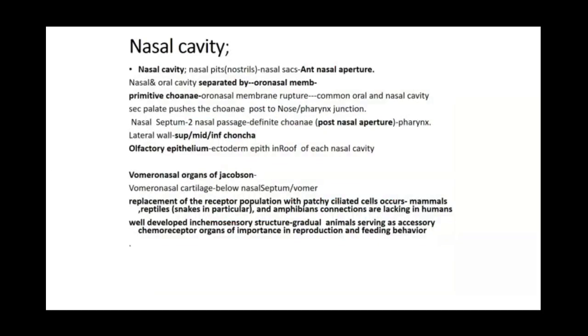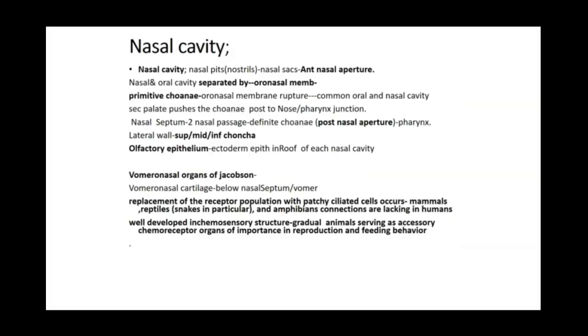So nasal cavity, you have your nasal pits, nostrils, nasal sacs, anterior aperture. Nasal and oral cavity are separated, as I've shown, by the oronasal membrane. Primitive choanal membrane ruptures and you become a common cavity. Then the secondary palate pushes the choana posteriorly. As the secondary palate develops, the connection between the oral cavity and the nasal cavity is pushed backwards.